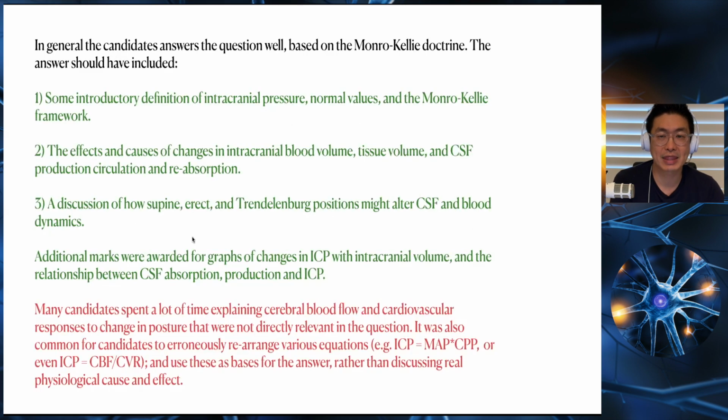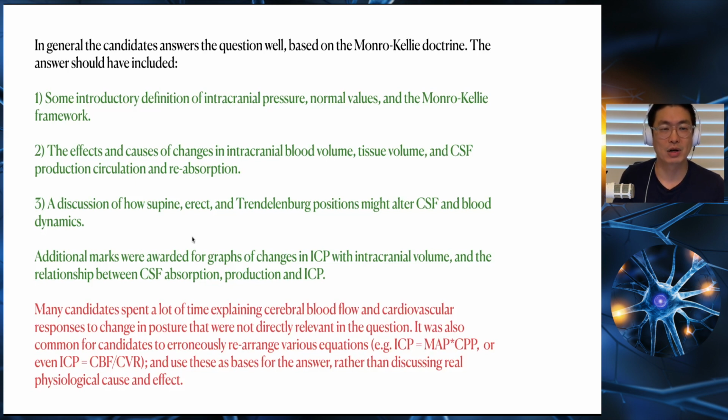Looking at the examiner's report, in general, the candidates answered the question well based on the Monro-Kellie doctrine. The answers should have included some introductory definition of intracranial pressure, normal values, and the Monro-Kellie framework, the effects and causes of changes in intracranial blood volume, tissue volume, and CSF production, circulation, and reabsorption, a discussion of how supine, erect, and Trendelenburg positions might alter CSF and blood dynamics.